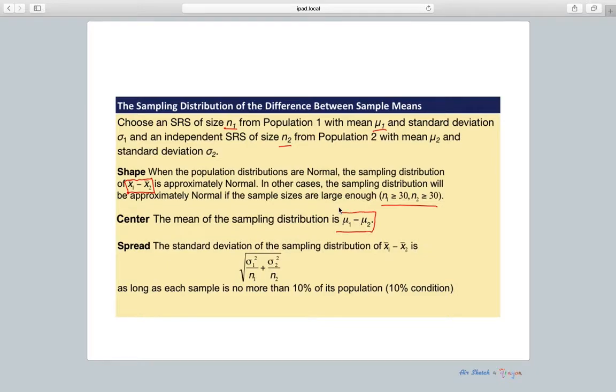The center, it'll center over mu1 minus mu2, the difference in the population means. And then standard deviation is this formula. Here's the deal though, for this last section, we're not even going to do really any of this by hand. We're going to be pretty reliant on the calculator because these computations get kind of messy.